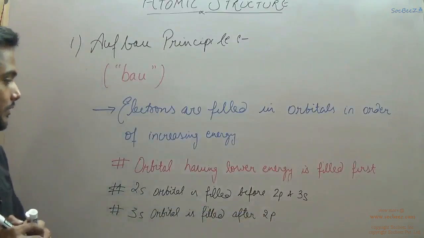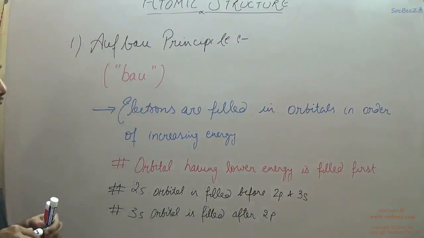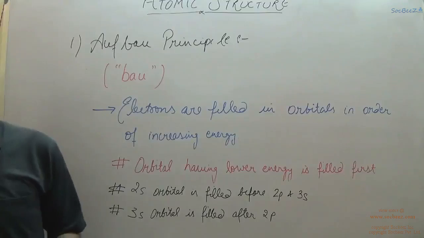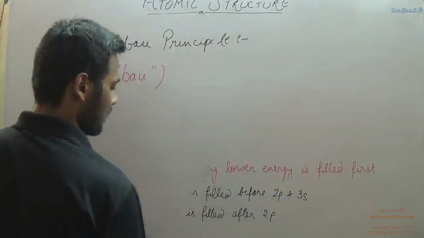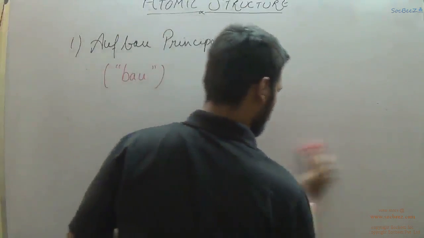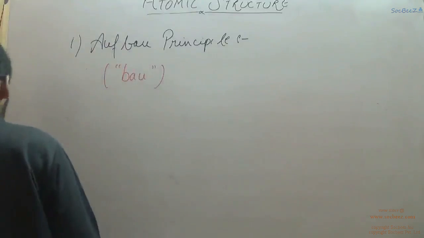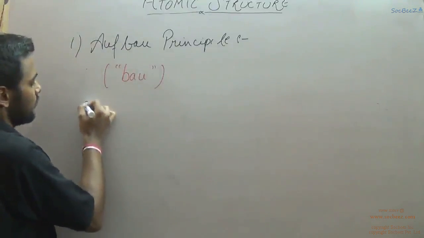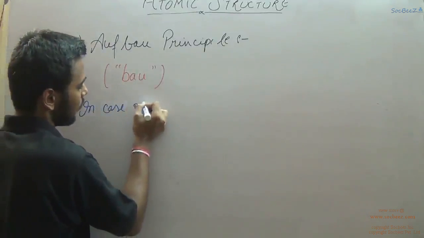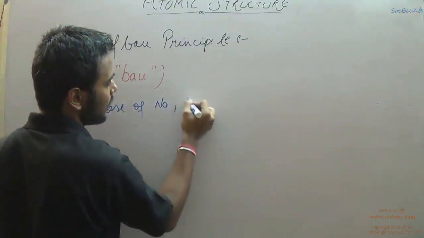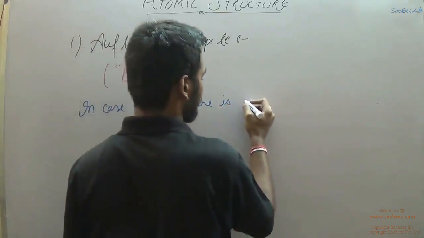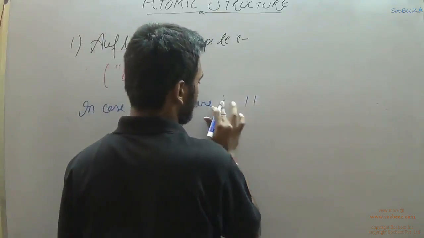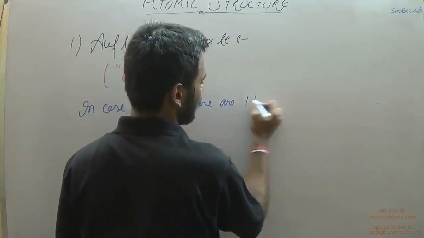Suppose in case of an atom of sodium, which has atomic number 11, there are 11 electrons.